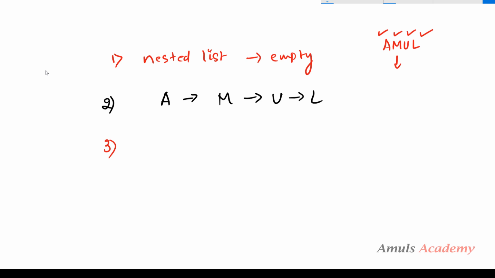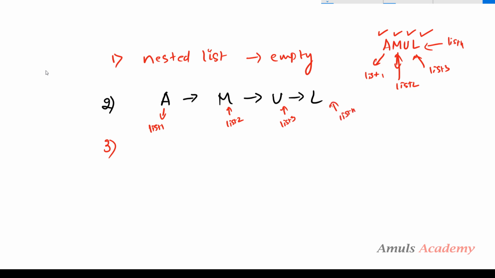When we write the code, we'll store that in the lists. As I said, we'll create 4 separate lists: this is list 1 for A, list 2 for M, list 3 for U, list 4 for L. When I write the code for A, I'll store that in list 1; for M, in list 2; for U, in list 3; for L, in list 4.